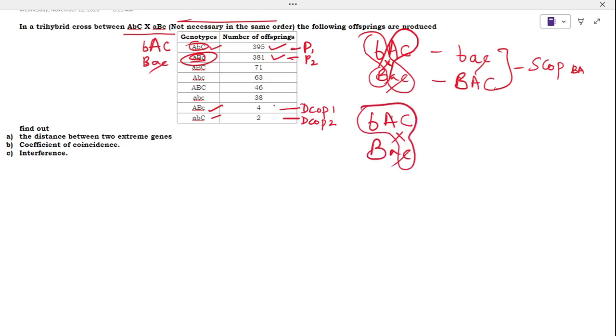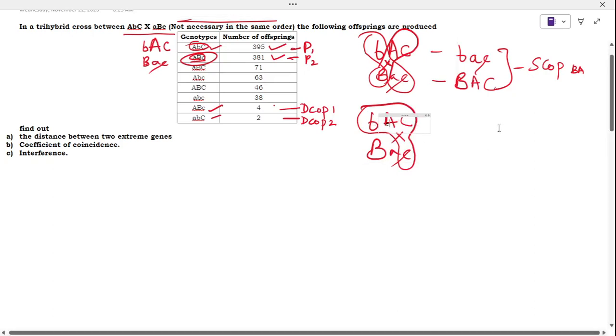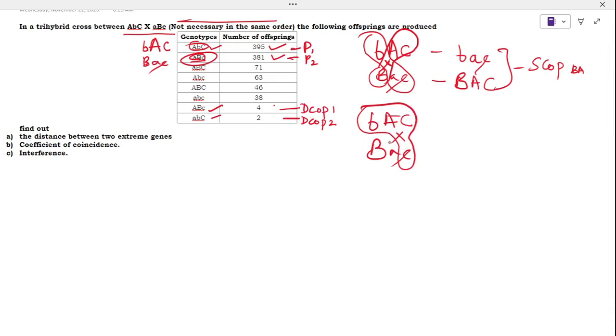Why? Because this is the distance between AC, right? So in that, the combination will be small b, capital A, small c, and this is the combination capital B, small a, capital C.